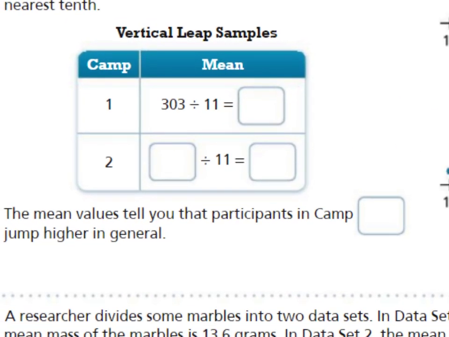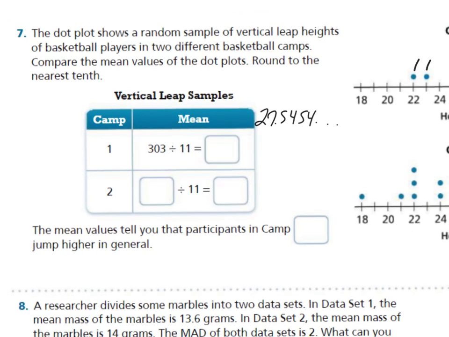Then if you divide that by 11, you get 27.5454, and so on. The directions said that we are going to round to the nearest tenth. The tenths place is right after the decimal point, so it's either going to be 27.5 or 27.6, closer to 27 5/10, 27.5.